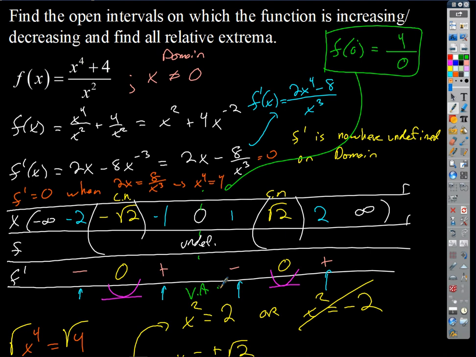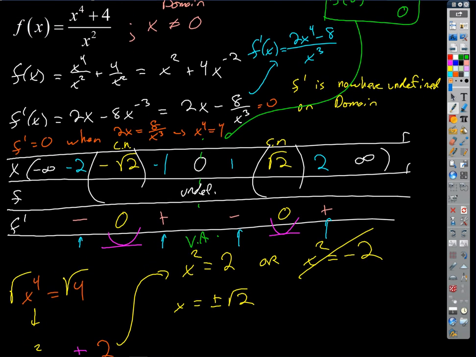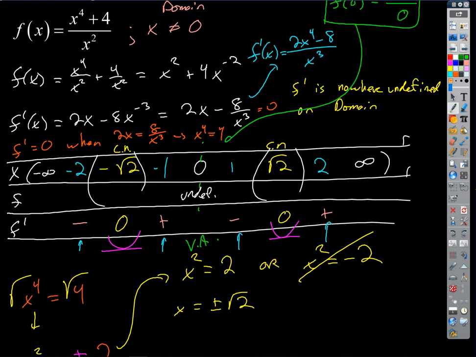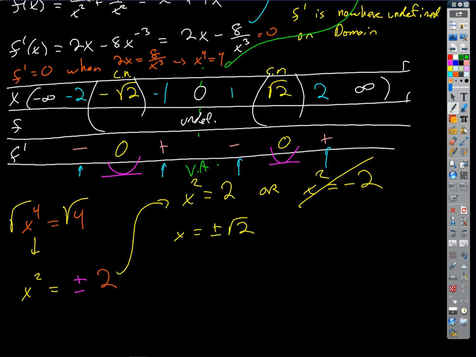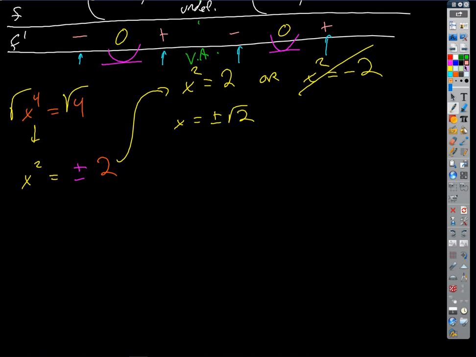So if we did want to come up with a sketch of this thing, let's go ahead and add our ordered pairs here. So if I evaluate my original function at negative radical 2, what are we going to get?